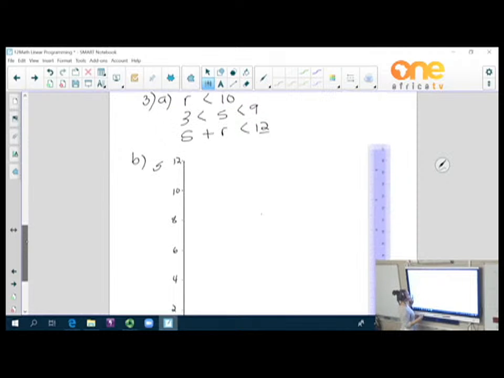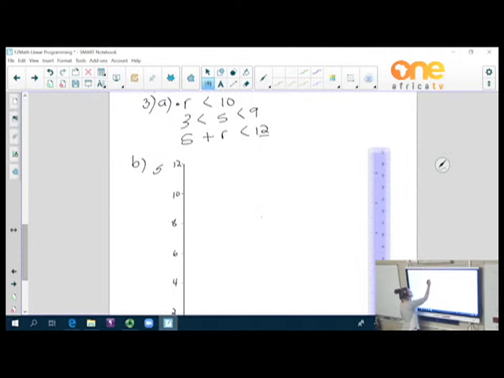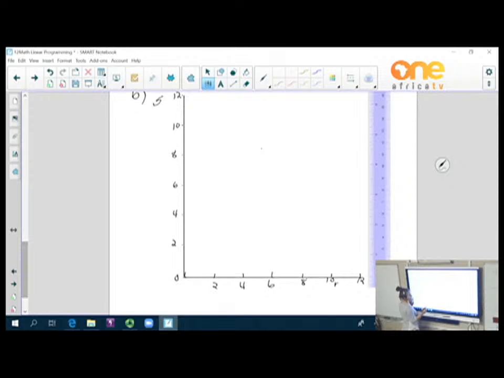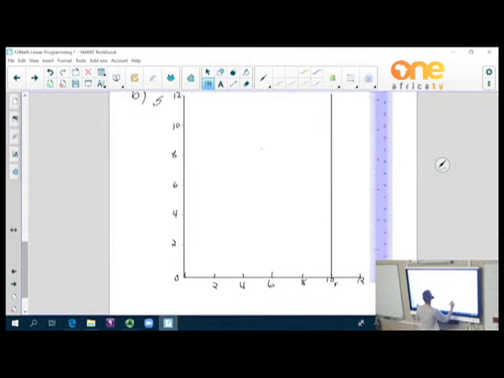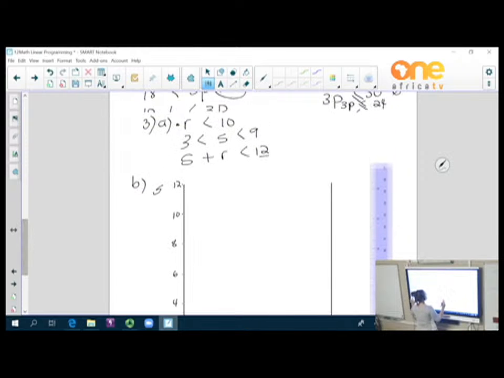R is less than 10. That's the first one. So where's our R? Here is R. So we will have R is less than 10, and we will draw our line. There we have it. This one is R is less than 10.